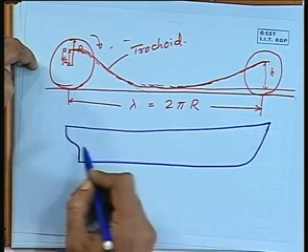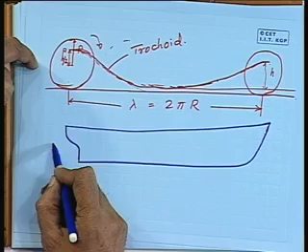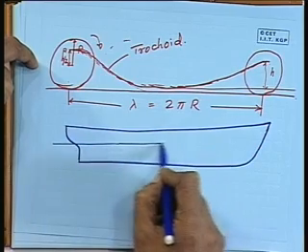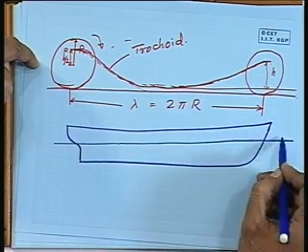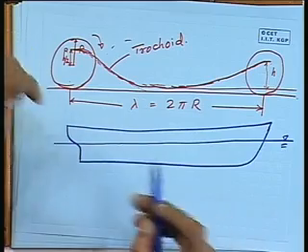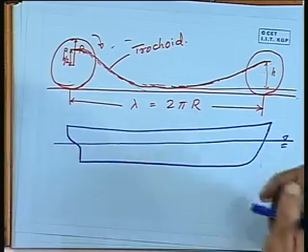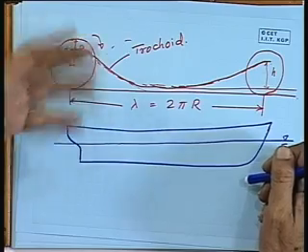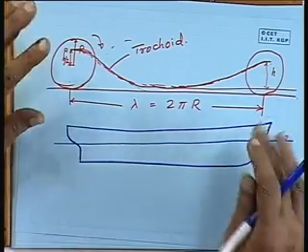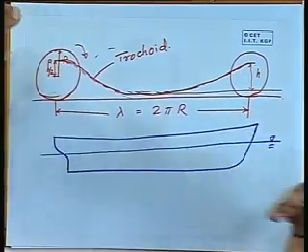See, for the loaded condition, let us assume that the vessel is supposed to float in an even, flat water line. It may have some trim. Draft forward I have taken slightly more than the draft aft. Okay. Let us try to be a little realistic that the vessel is moving with, say, heads down, or the forward draft is slightly more than the after draft in this particular drawing.